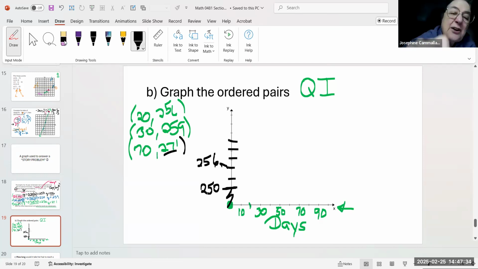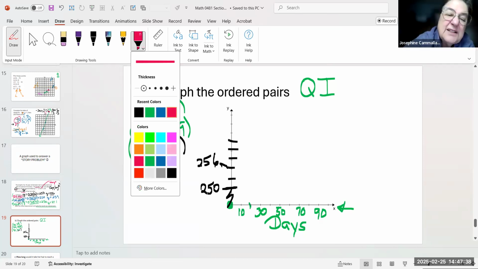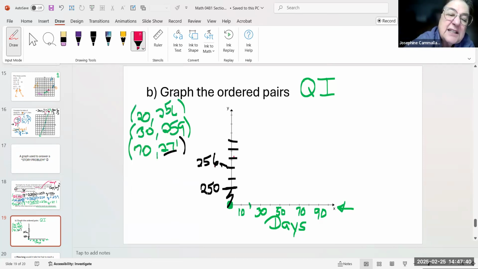That means up here, let's see, add 6 to this is going to give me 262 right here. This will give me 268 up here. And this will give me 274.